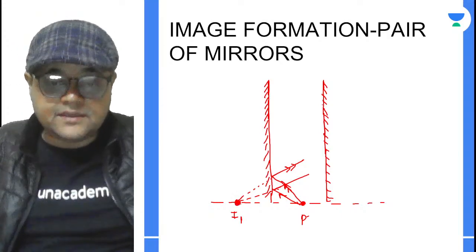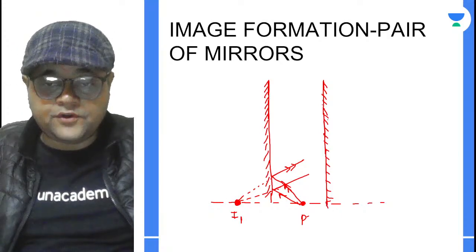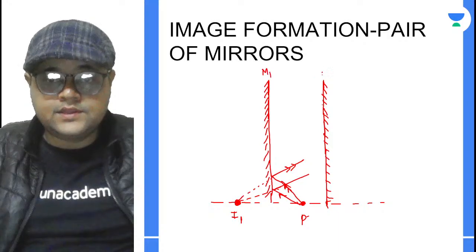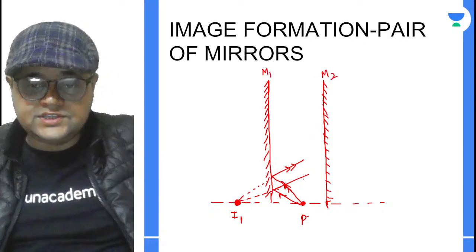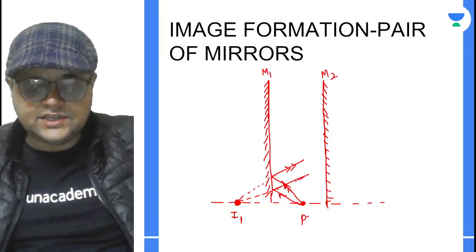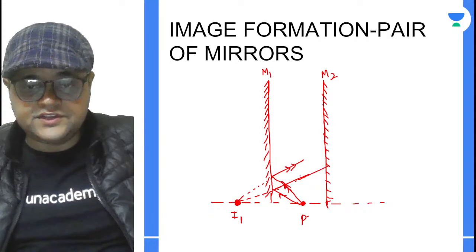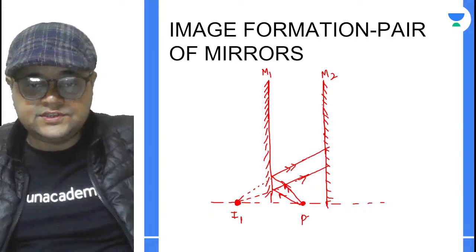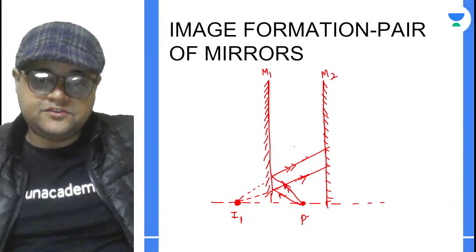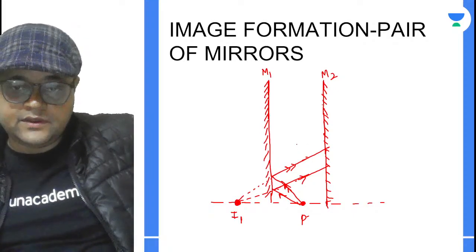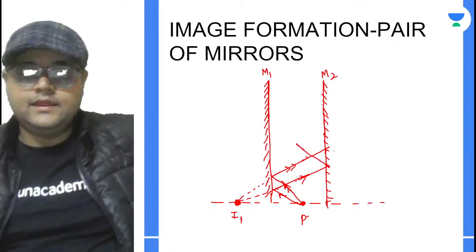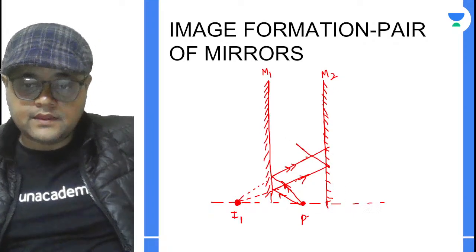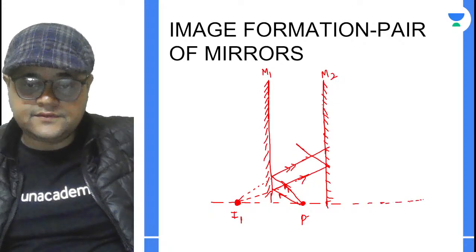Now this image will act as an object for the mirrors. This is M1, this is M2, and these are the rays. This is the first ray and this is the second ray. Now this first ray will be reflected. Obviously it will be reflected, let me extend this.